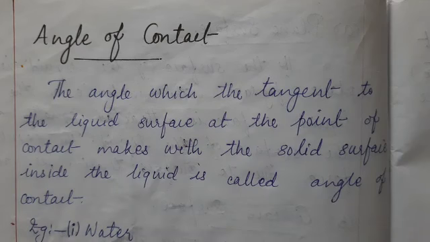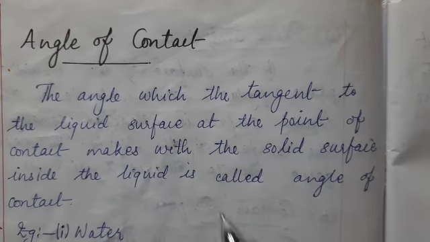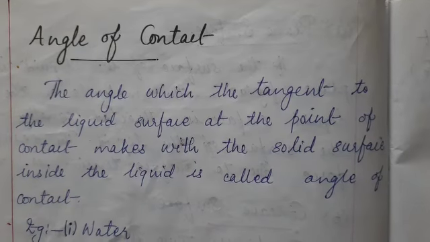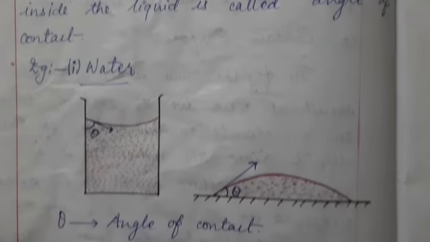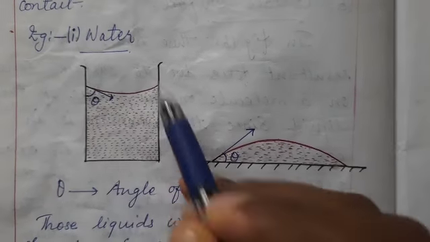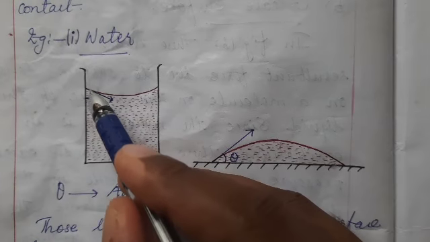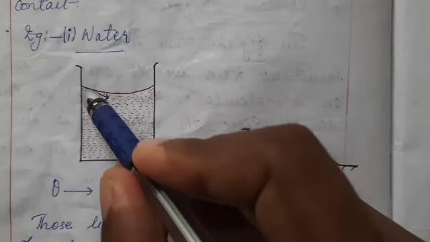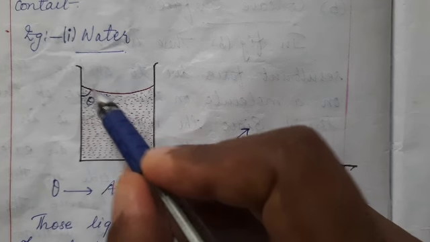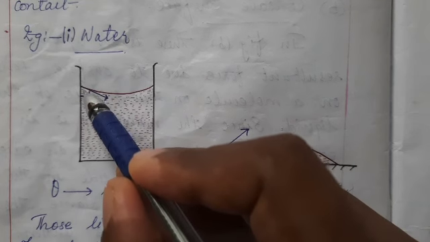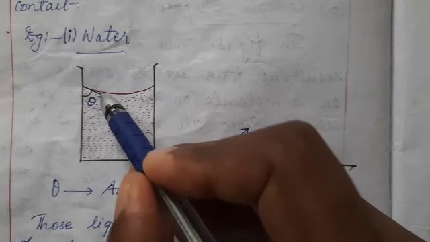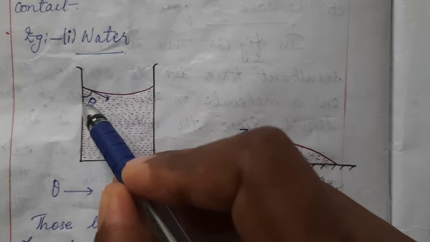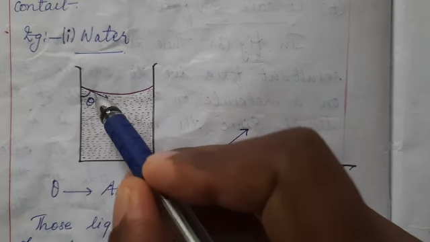Another important term which is very useful here is the angle of contact. As I already said, suppose you take water in a glass container; the topmost layer will be a concave shape. Consider a tangent at the point of contact between this liquid and the container glass, that is, the solid.